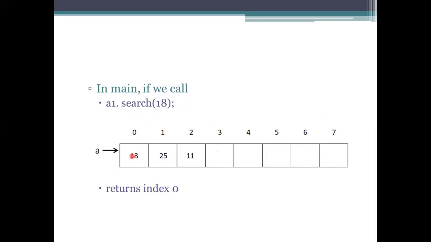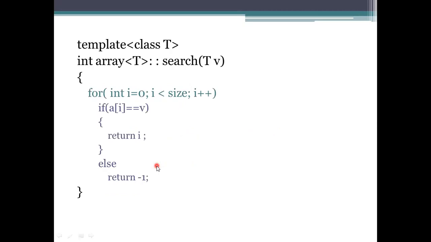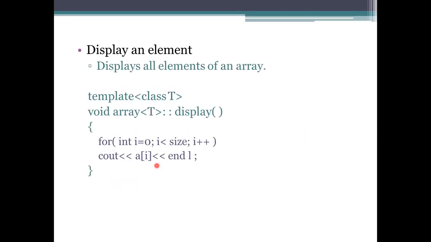Is a of 0 equal to 18? 18 equals 18, so it returns the index. Next, we may check whether 13 is there or not: a1.search of 13. We compare with a of 0, no, it is not there; then a of 1, a of 2, and we reach the end. It specifies that no value is there, meaning object not found. So otherwise it returns -1.